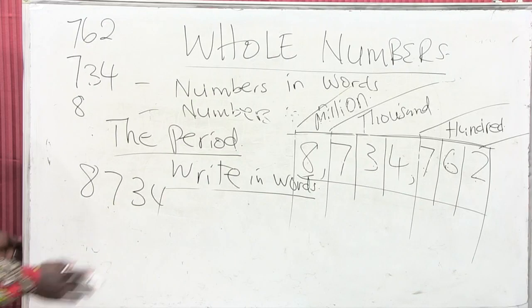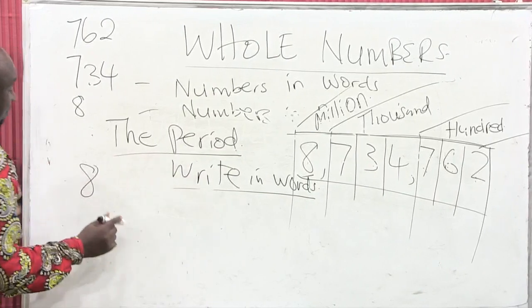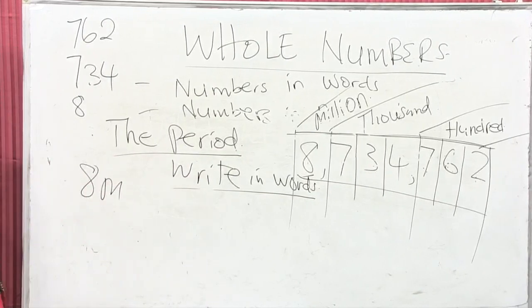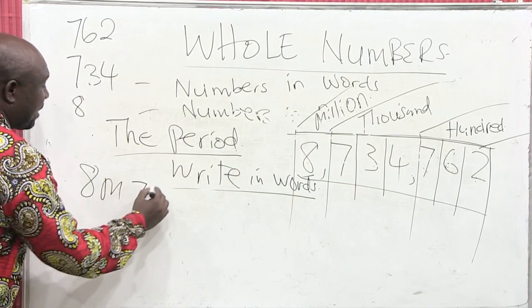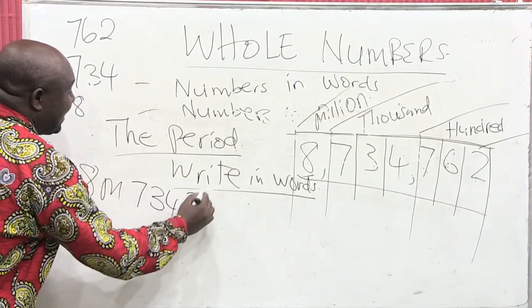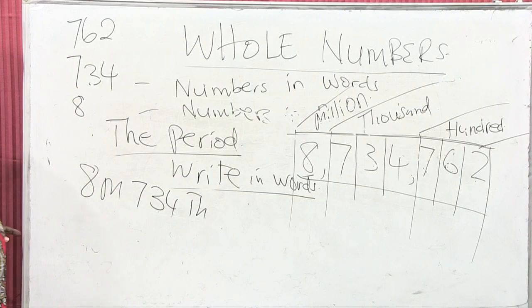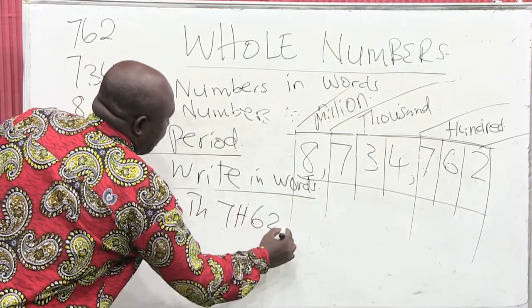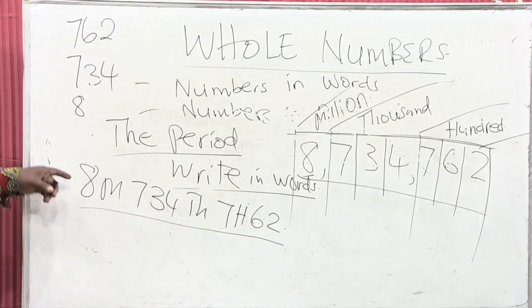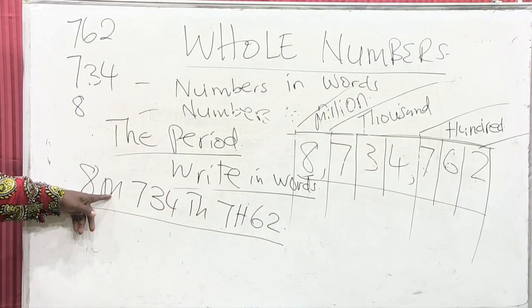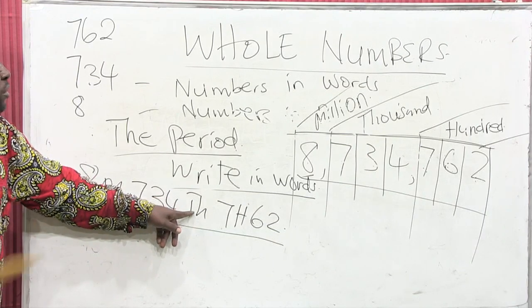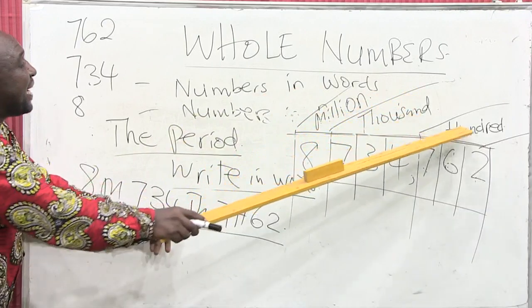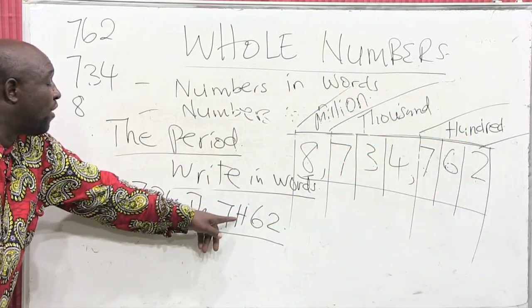Then it is 8,734,762, or sometimes you can put 8M 734TH 762H. This will help us to read, where M stands for the group of millions, TH stands for the group of thousands, and H stands for the group of hundreds.